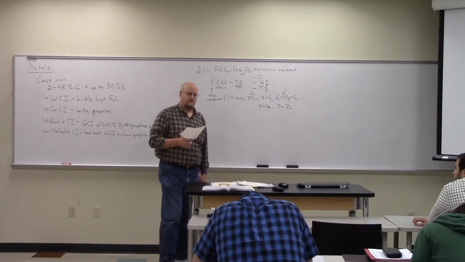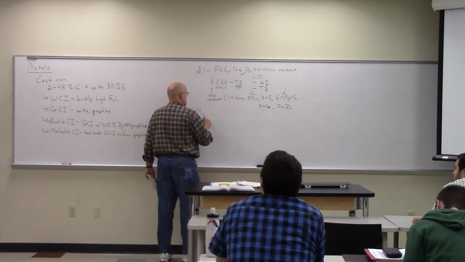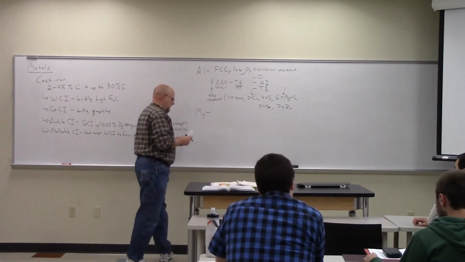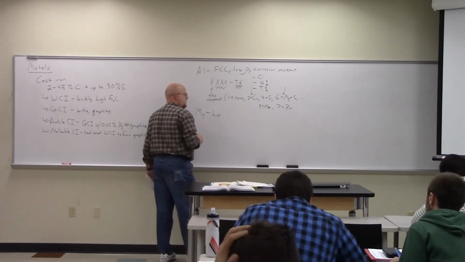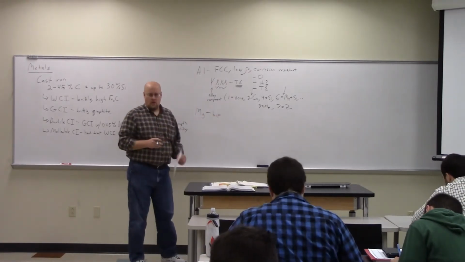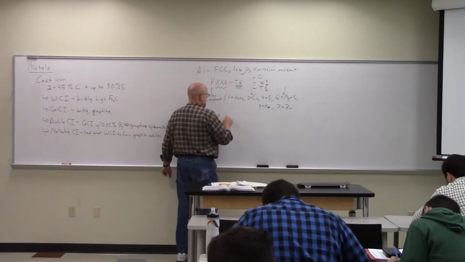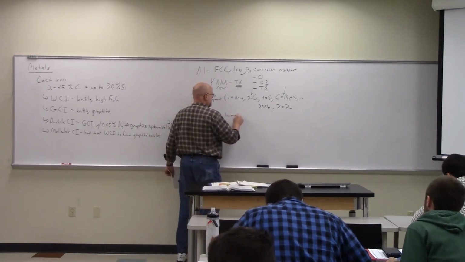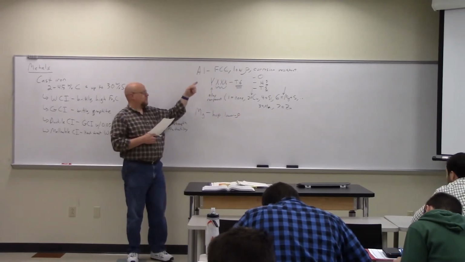Any questions? Okay. The rest of these I'm just going to go through. Magnesium is an HCP material. So it has an even lower density than aluminum, 1.74 versus aluminum's 2.7.